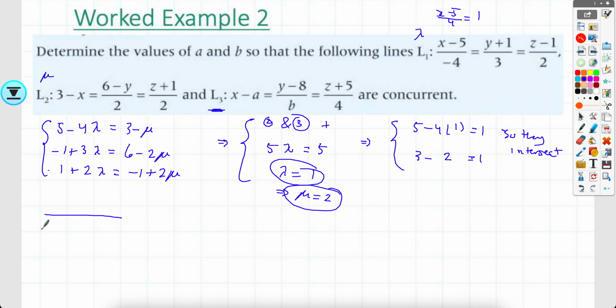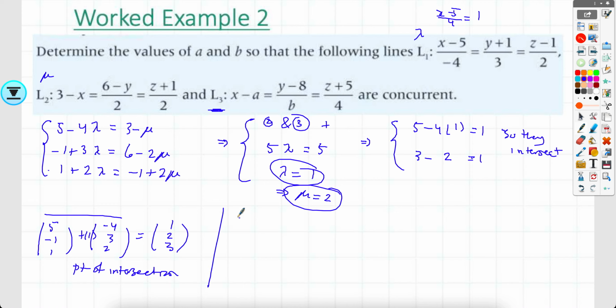I like it in vector form because it gives me a nice easy calculation. So since I already have it in vector form, my lambda here is 1, and when I solve it, it gives me 1, 2, and 3. So this is the point of intersection.